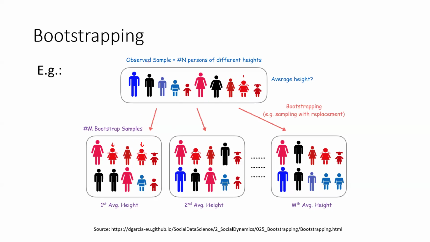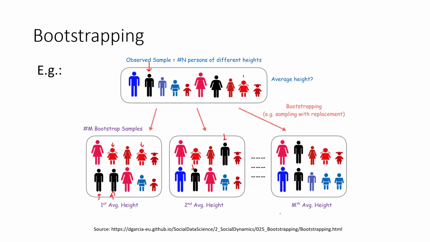You can see this black man appears 2 times in this sample bootstrap data set, because we put them back, right? Then here also you take other samples with replacement, where you can find this man appears 2 times in this data set, but only one such black man appears in the original data set, right?